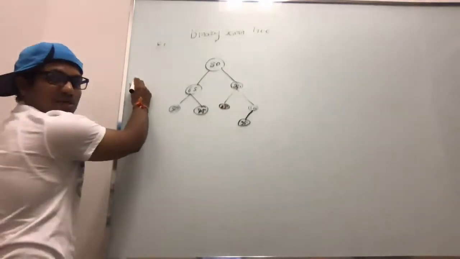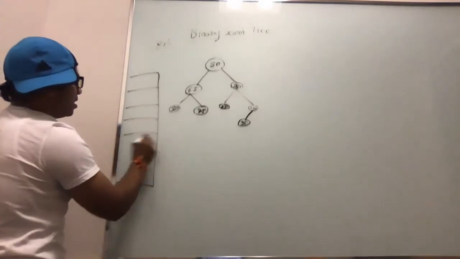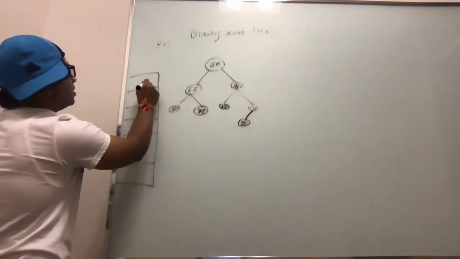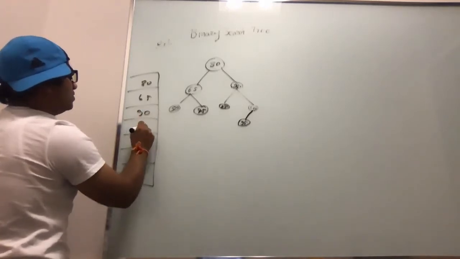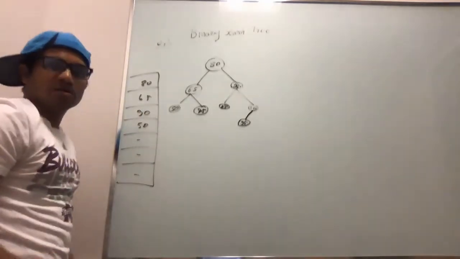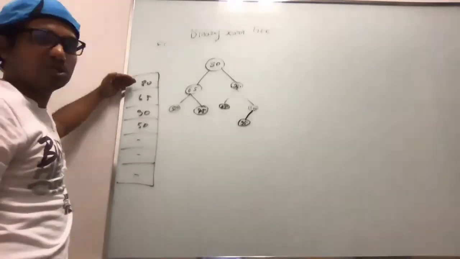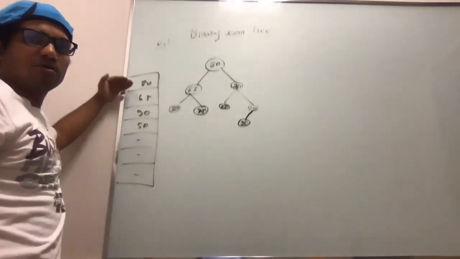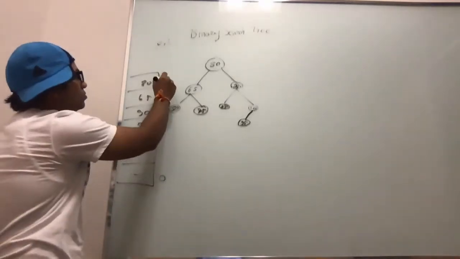Imagine that if you represent this as an array, how would it work? You have 80, 65, 90, 50, and so on. Since you have to check each element, you have to iterate n times in the array from index 0 to n.